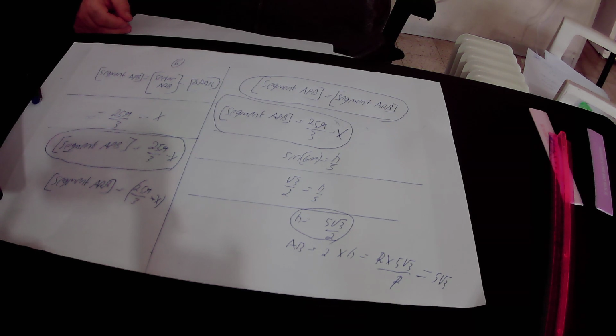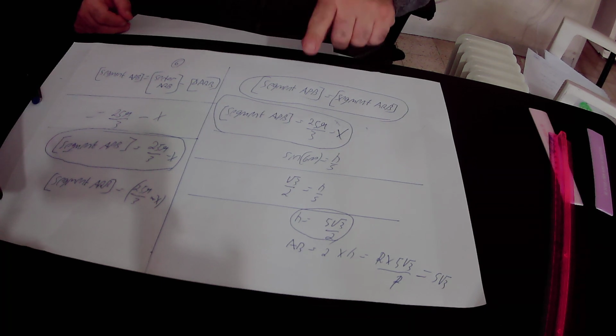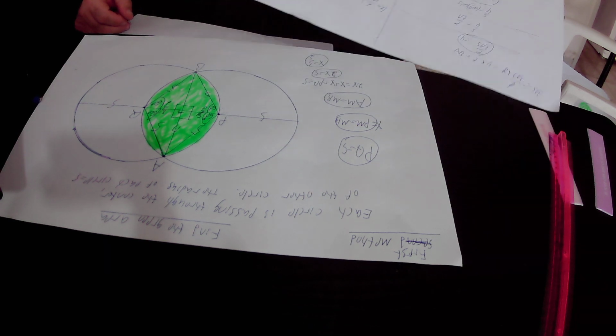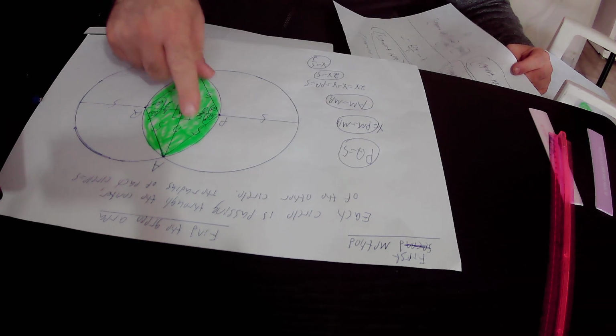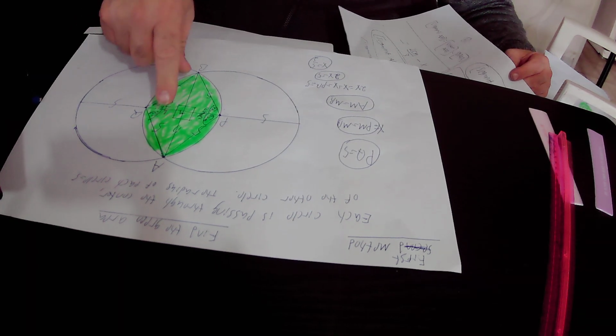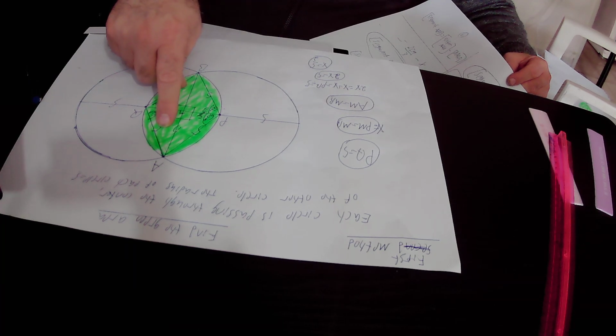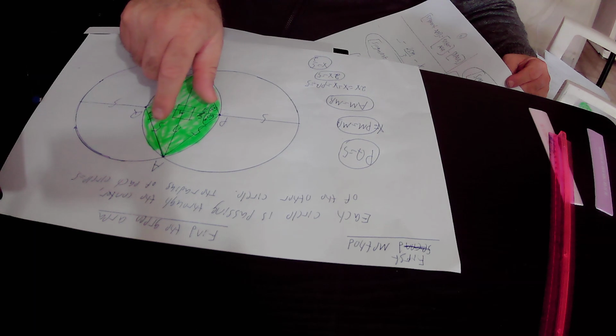Because segment APB equals segment AQB, we can calculate the area of one segment, multiply it by 2, and we will get the green area.